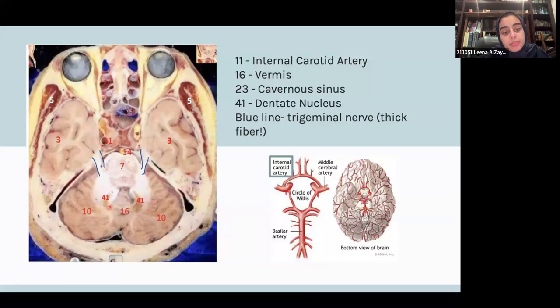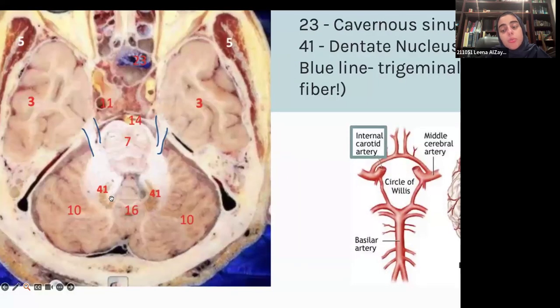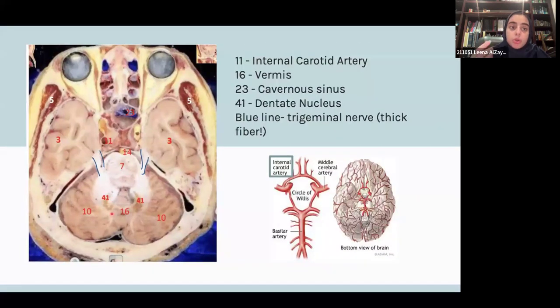Number 41 is the dentate nucleus, and I don't know if you remember, the dentate nucleus is one of the nuclei of the cerebellum, and it looks like a C shape. I don't know if you noticed, this yellowish thing is a C shape. So you can see it here. This is a C shape, which is the dentate nucleus of the cerebellum.